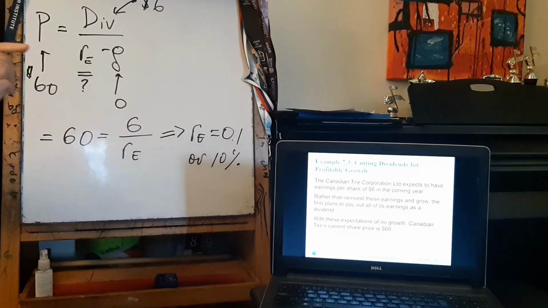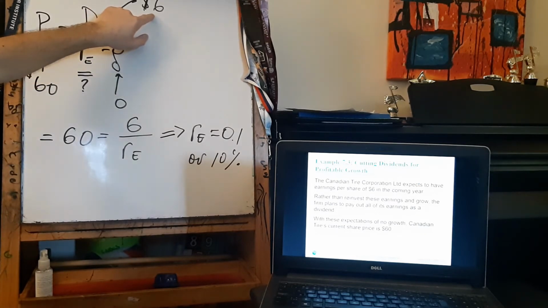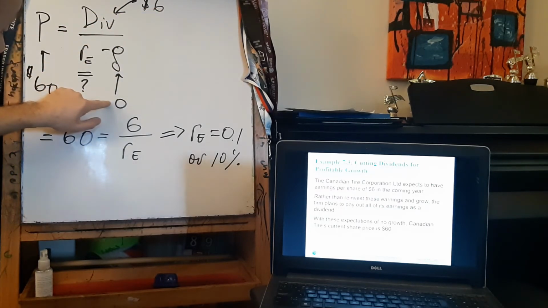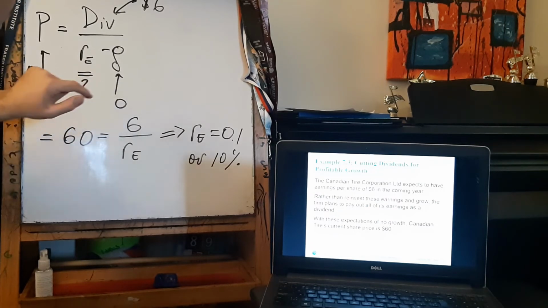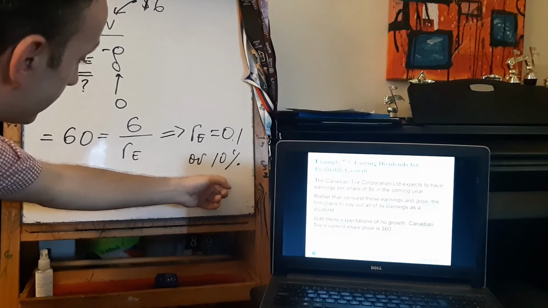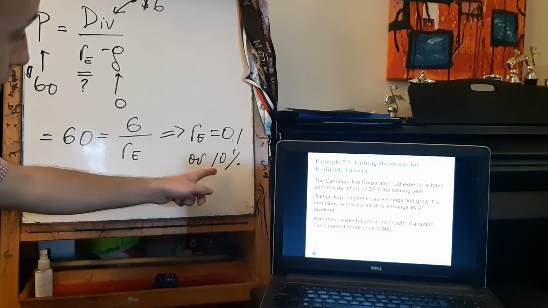We can say that investors are willing to pay $60 per share for Canadian Tire stock, knowing that the dividend is going to be $6 per share and also expecting 0 growth. So based on that, it implies that the investors are estimating Canadian Tire's opportunity cost of capital to be 10%.